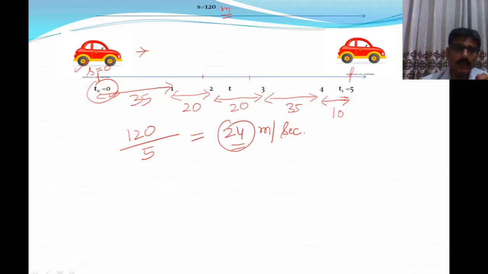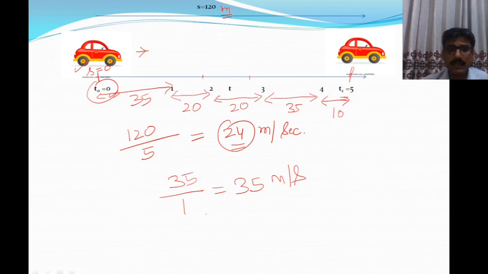So in the first second, 35 meter is the total distance covered within 1 second. Therefore the speed is 35 meter per second.